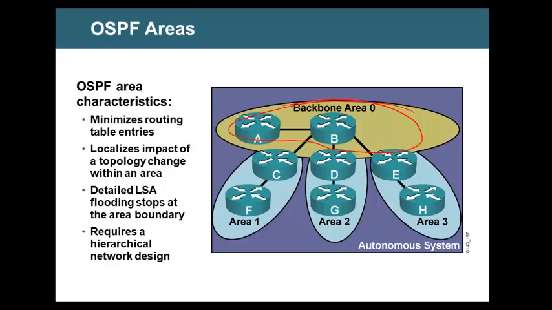So all the receivers will have an optimized, minimized routing table. Not only that, if any subnet goes down in this local area, it won't impact the entire topology. It is within the area. Because you are doing summarization, the detailed LSAs are stopped at the borders. Right? For all these good reasons, we need to have a hierarchical design.